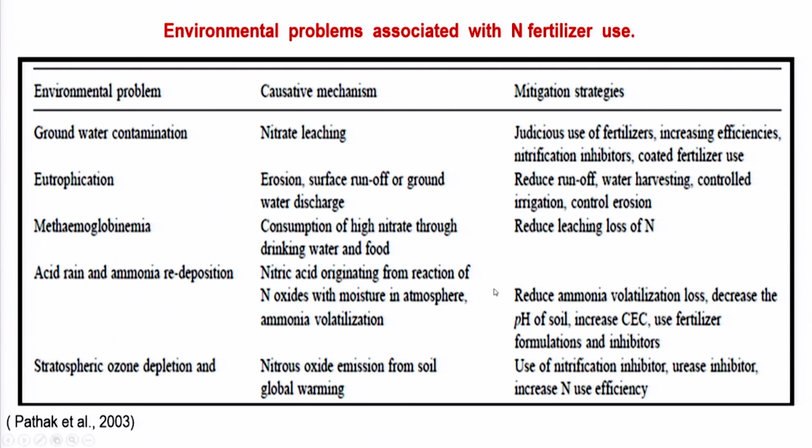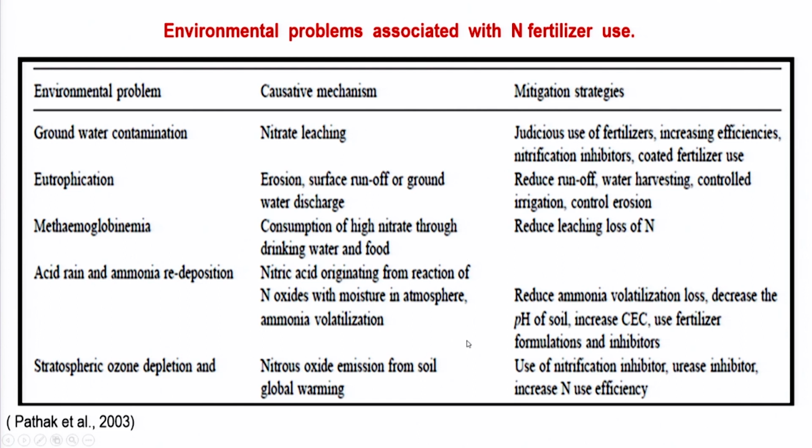So, the mitigation strategy is to reduce ammonium volatilization loss, decrease the pH of the soil, increase CEC, and use fertilizer formulations and inhibitors.